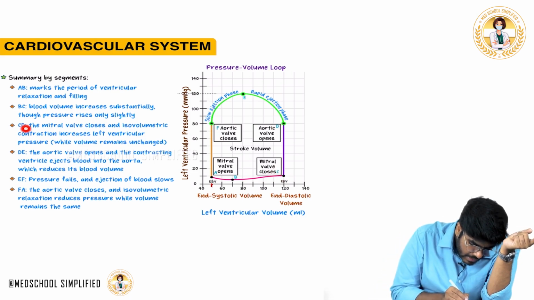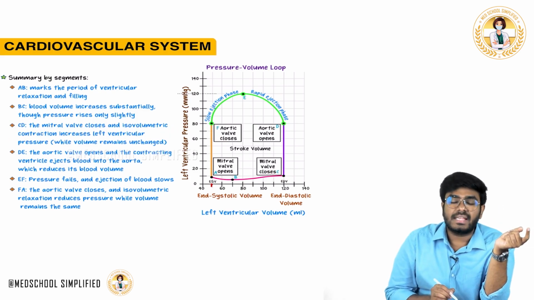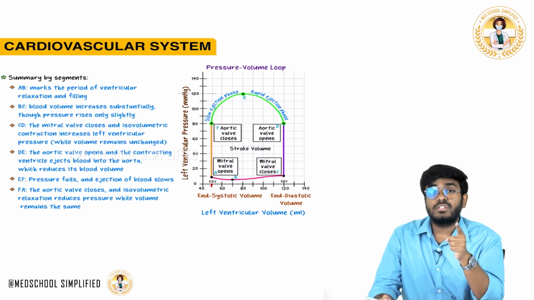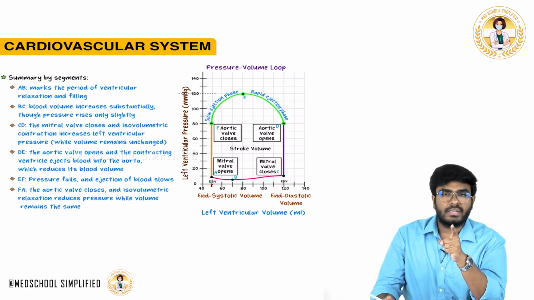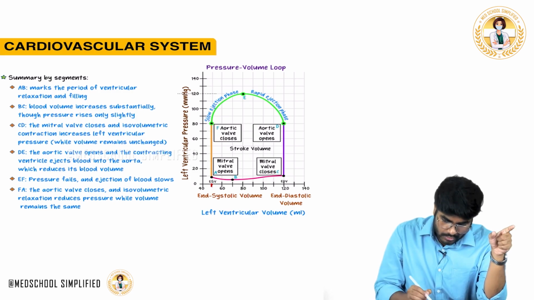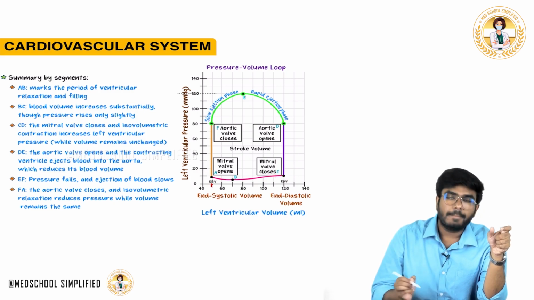What is exactly happening from point C to point D? The mitral valve is closing and isovolumetric contraction is happening. It increases the left ventricular pressure while the volume remains unchanged. There is no change in the volume of blood present inside the ventricle. So no volume change, only pressure change.